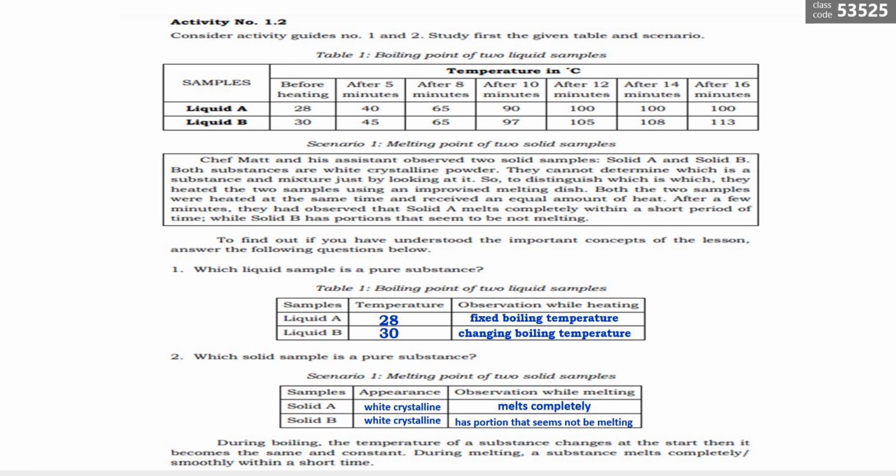During boiling, the temperature of a substance changes at the start, then it becomes the same and constant. During melting, a substance melts completely and smoothly within a short time. So it was very clear. It was stated here the difference between the boiling and the melting of a pure substance.